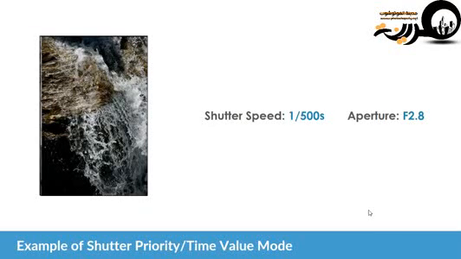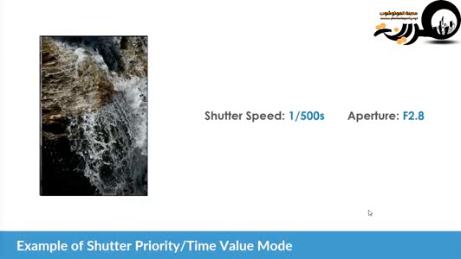Now, in this particular case, it's absolutely fine and quite close to the subject. It's not having too much of an effect on the shot, but in certain instances, you will need to be aware of this. At 500th of a second, it's very, very fast. As you can see with the water, it's frozen. It's been captured. We can see all the individual droplets. But now you can see that we need a very wide aperture of f22.